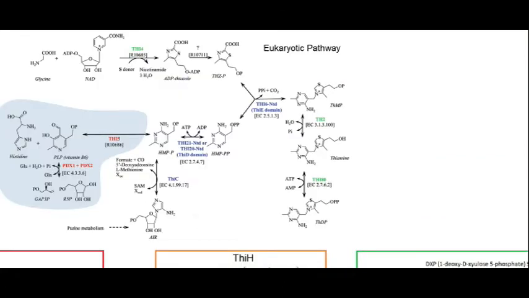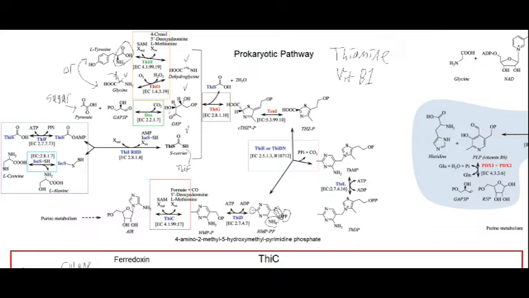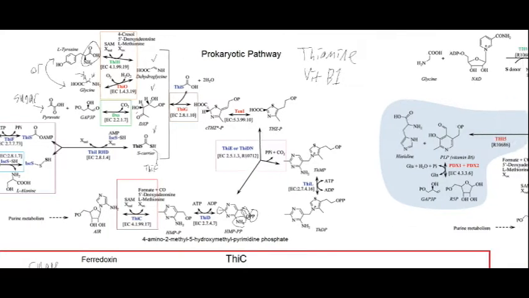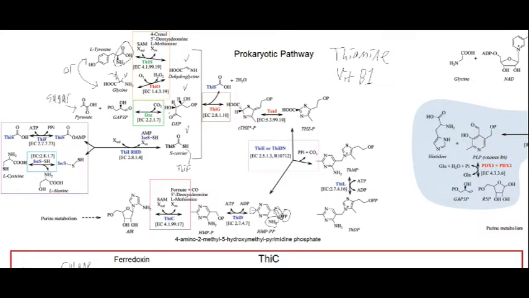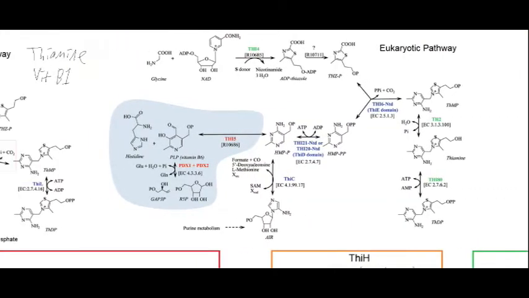By the way, this is the eukaryotic pathway. So I'm pretty much going through just the prokaryotic pathway. It's a little bit better characterized in the literature, and it's essentially the same, where in the eukaryotic we are generating our thiazole phosphate and our HMP pyrophosphate, and then bringing it together into the thiamine monophosphate.